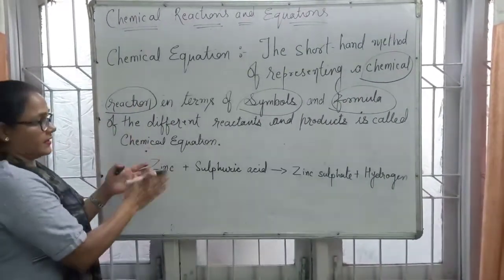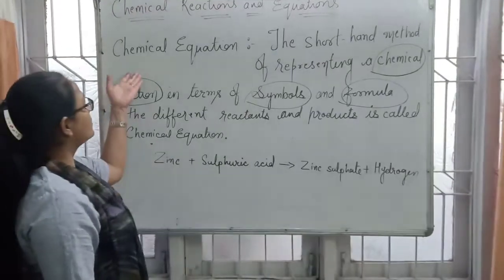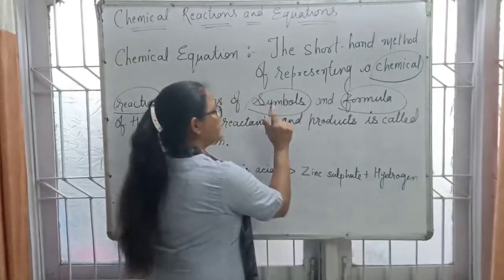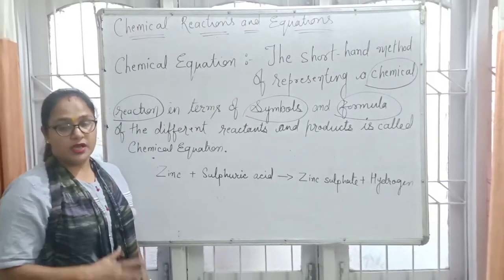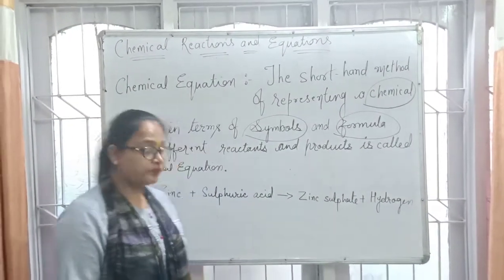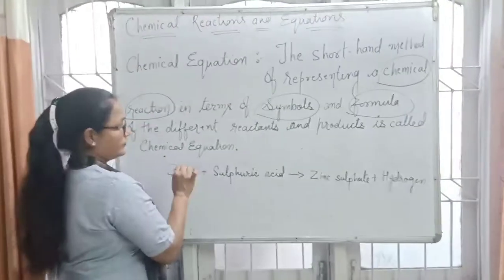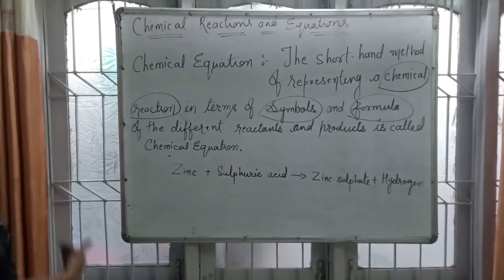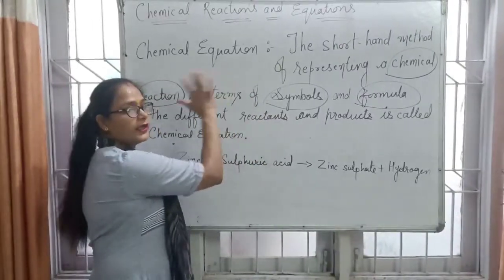These are the basic backbone of the chemical equation. Whenever we write a chemical equation, we should know the correct formula and correct symbol of different elements or compounds. I think the concept of element and compound is clear to us. So a chemical reaction is basically rearrangement of atoms, and when it is represented by symbols and formulas, it is called a chemical equation.